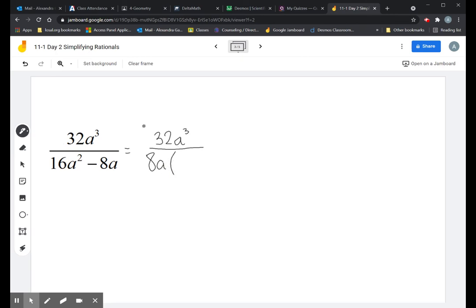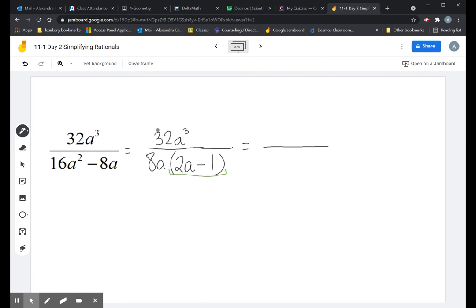So I take 16 divided by 8, so it's 2, and then a squared, take out 1a, so it's 2a minus 1. Okay, so since, again, 2a minus 1 doesn't have the exact same parentheses in the numerator, it's going to be part of my final answer here.